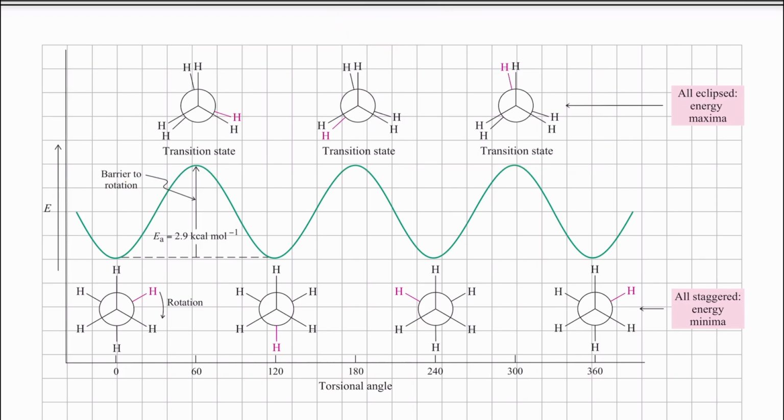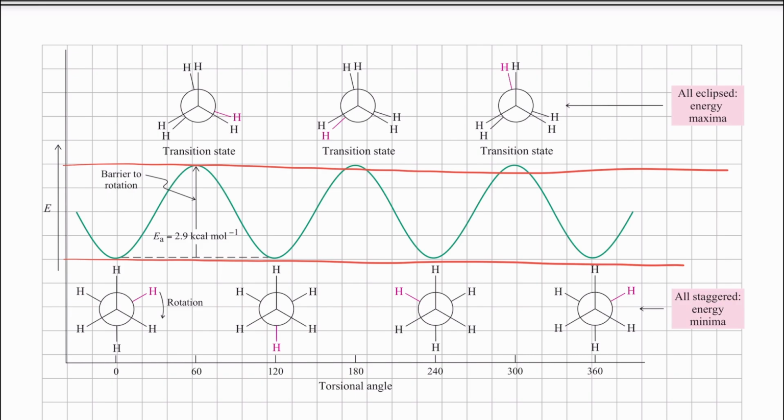And here, this green line shows the difference between the energies. As you can see here, at this level, all of the conformations are staggered. When they are staggered, it means there is almost no repulsion between the hydrogens of two different carbons. But at this level, we can see the eclipsed conformations, which have some repulsion between the two hydrogens of two different carbons.